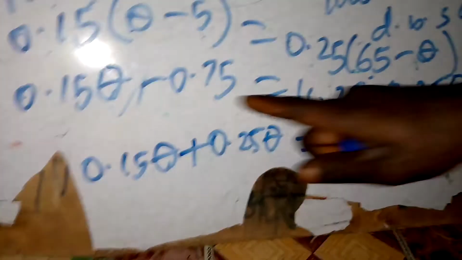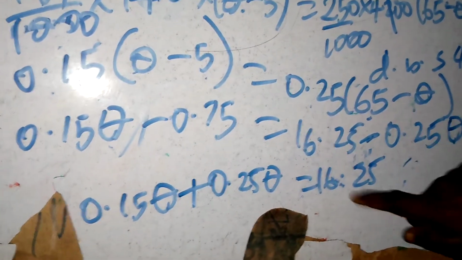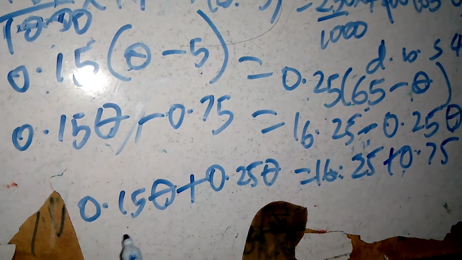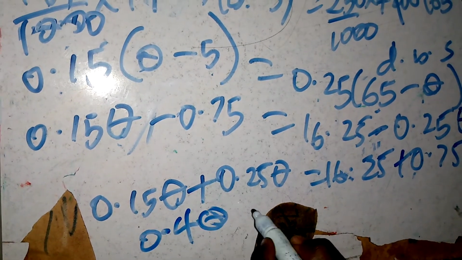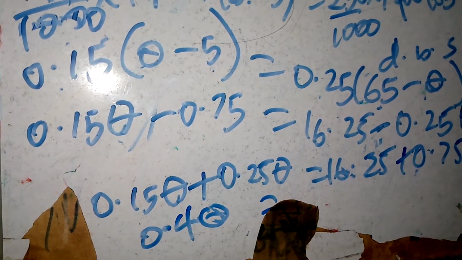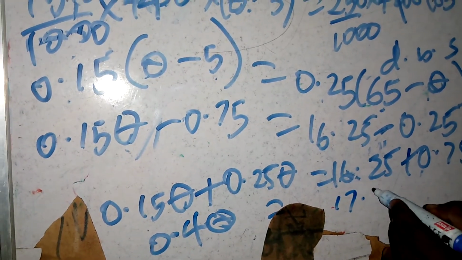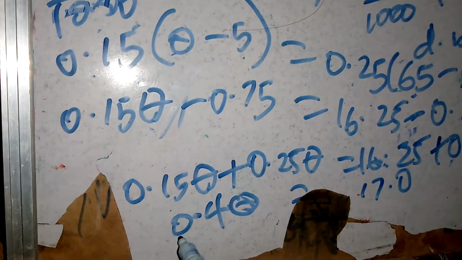This one doesn't have theta, so you bring it to this side to meet 16.25, turning to plus 0.75. So when we add this together, we arrive at 0.4 theta, and when we add this together, we get 17.0. So you say divide both sides by 0.4.